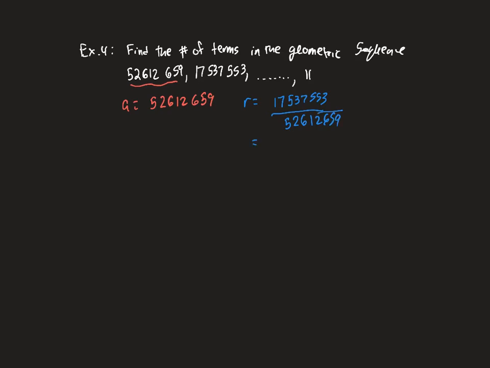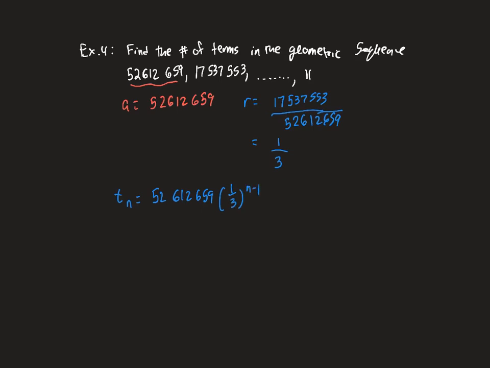And you're going to find out that you can simplify this as 1 over 3. So my r is 1 over 3, first term. So T of n is equal to 52,612,659 times 1/3 to the power of n minus 1.